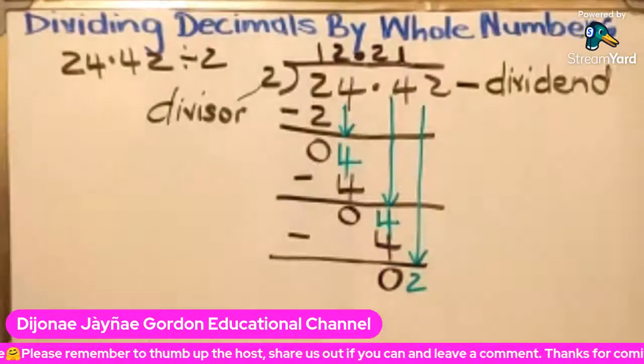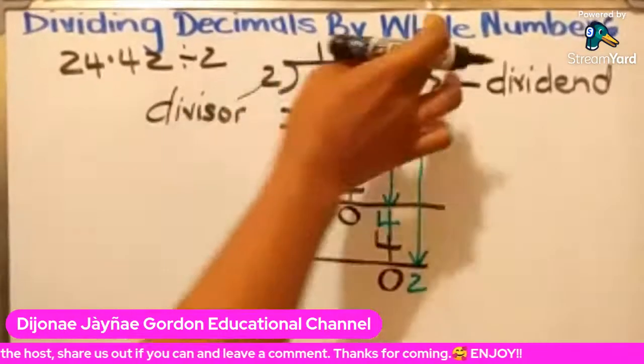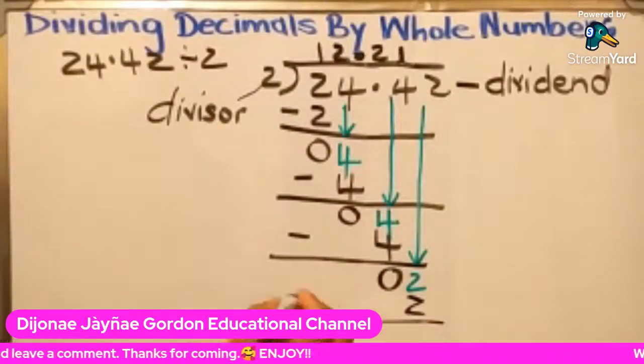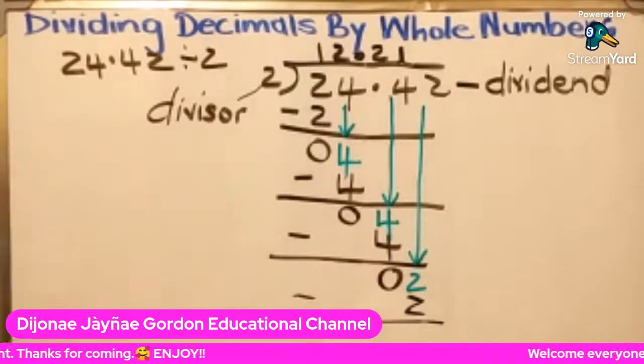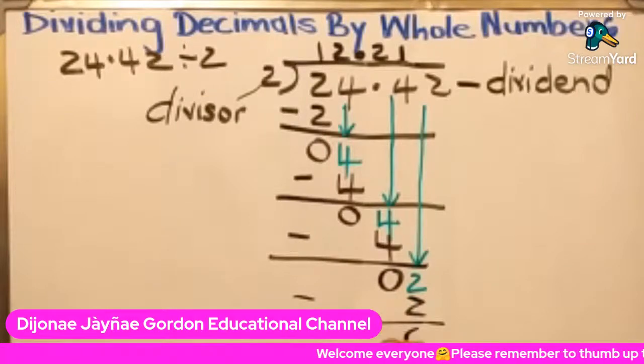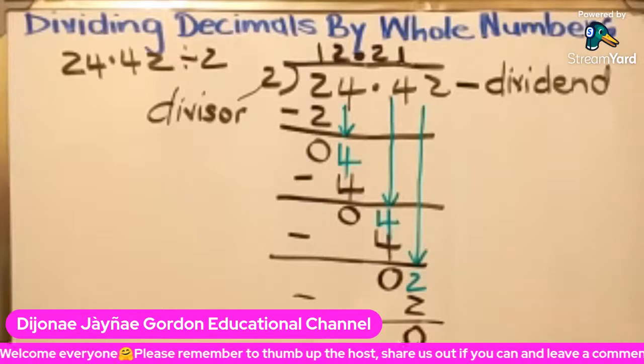All right. So the next thing is that we are going to multiply. 2 multiplied by 1, of course, is going to give us 2. We're going to draw our line, and of course, we are going to take away. You have 2 things and you give away 2, you're left with 0. And of course, we are finished with that problem.